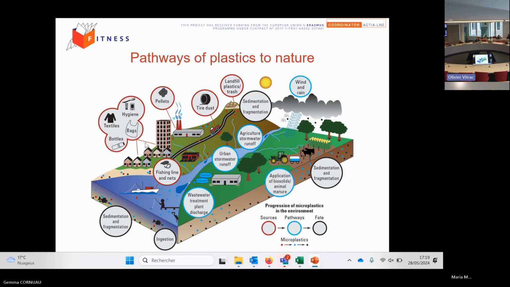Textiles, bottles, bags, which are coming out of urban wastes and urban pollution. Then there is, of course, runoff and also wind taking away plastics from landfills, or plastics which were just accidentally abandoned in nature.